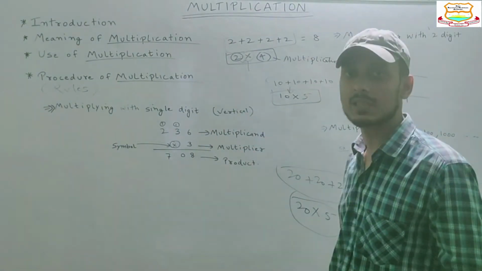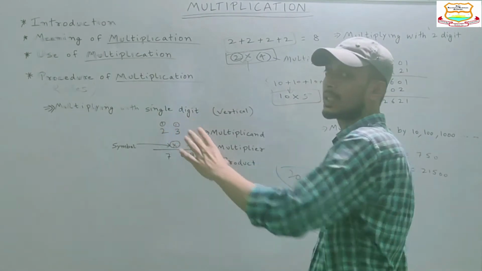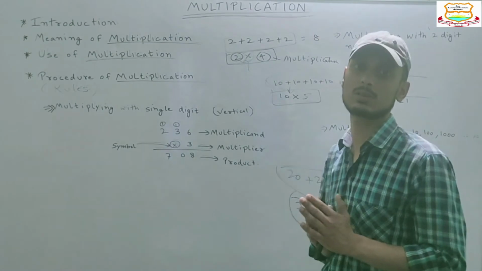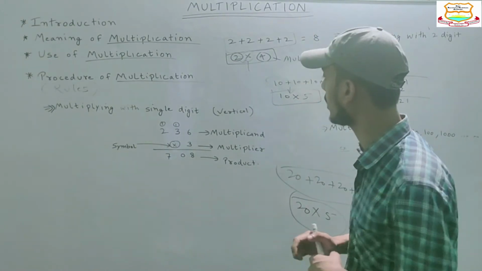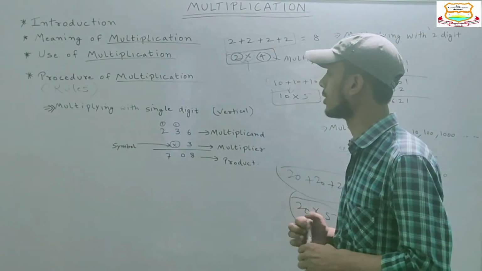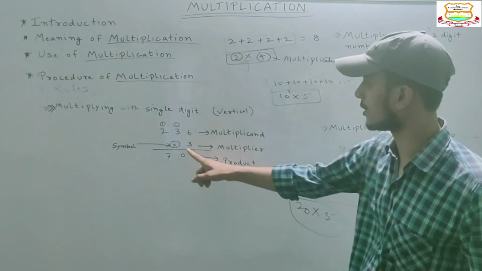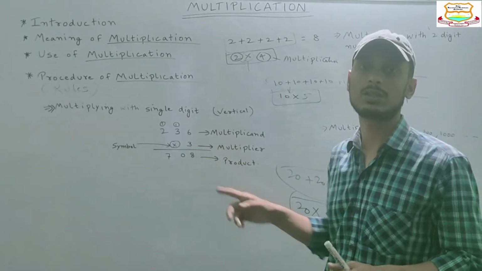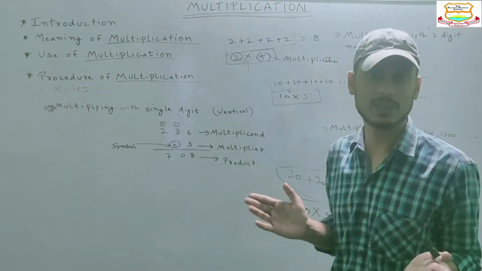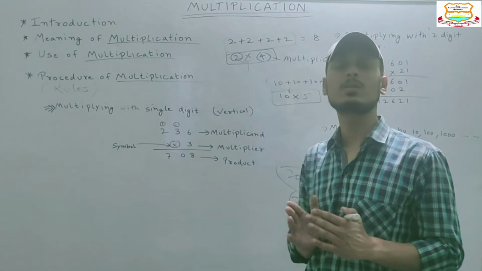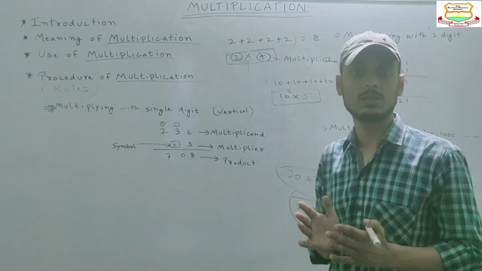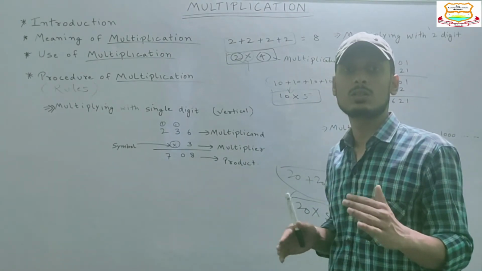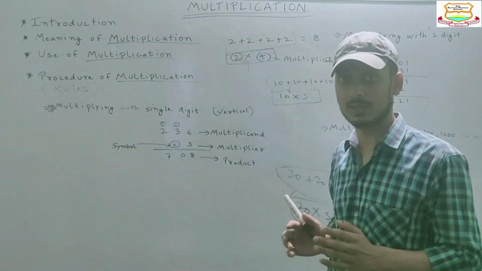Now let me explain how this multiplication has been done, means what are the rules to be followed while multiplying two numbers. This is called vertical multiplication. There are many types of multiplication, means there are many arrangements, or you can say configurations, that we can do to the numbers while multiplying.